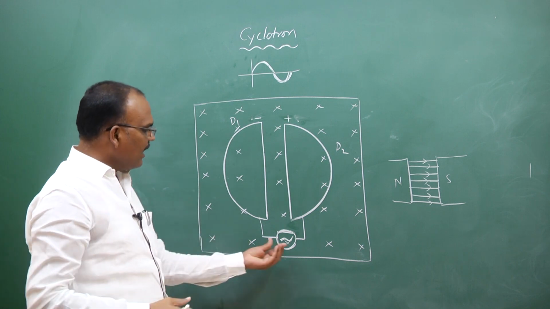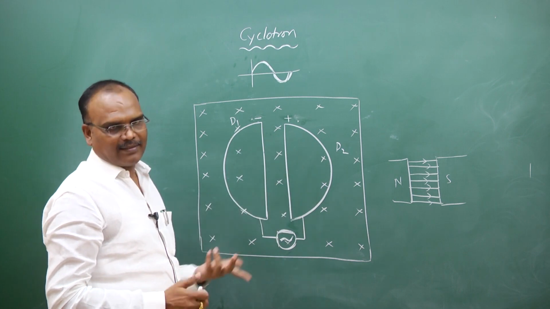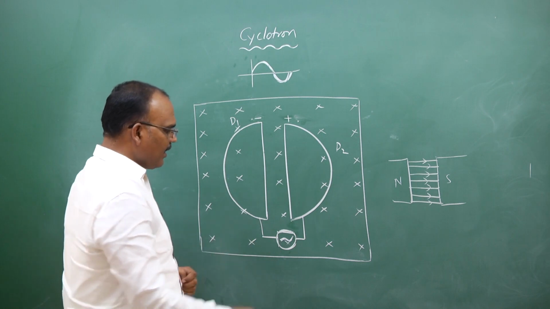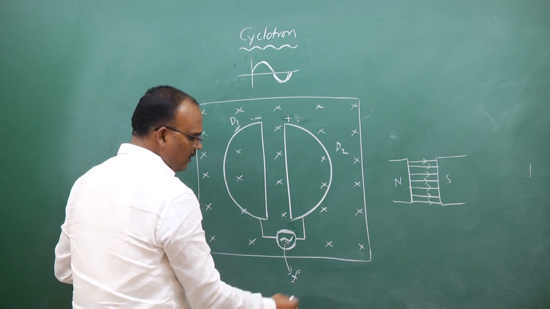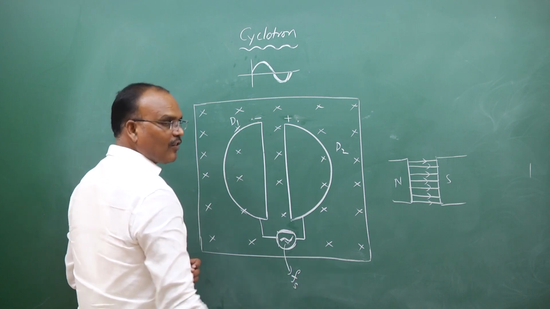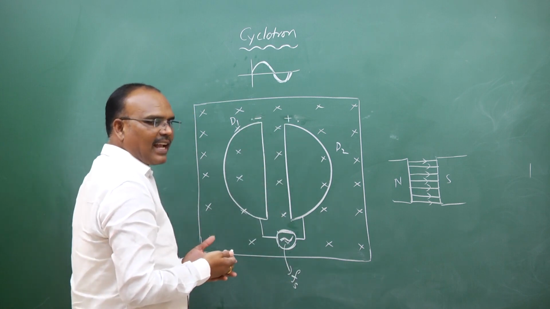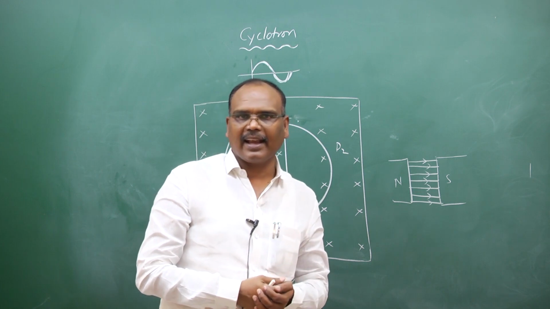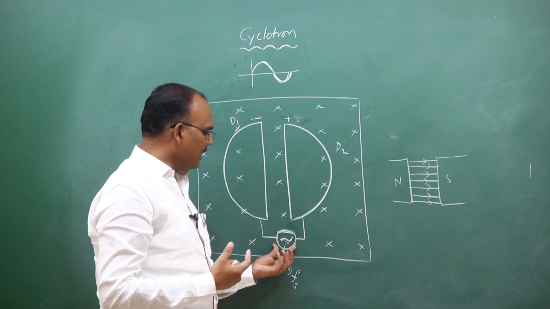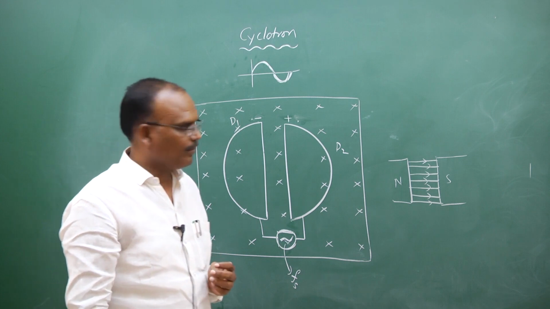In this way, this oscillator alters the polarity of the disks with a certain frequency. That frequency is the frequency of the cyclotron, the frequency of the AC source. It may alter polarities 100 times in a second, or 1,000 times in a second, or 10 times in a second. We are going to adjust this AC frequency to the required frequency.